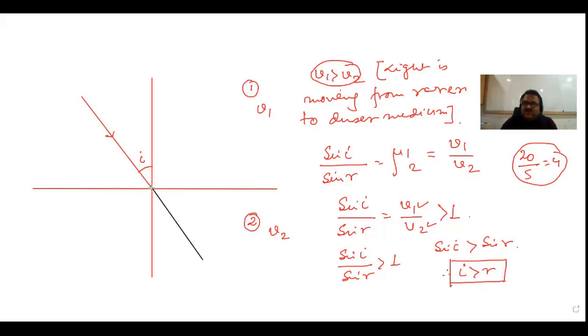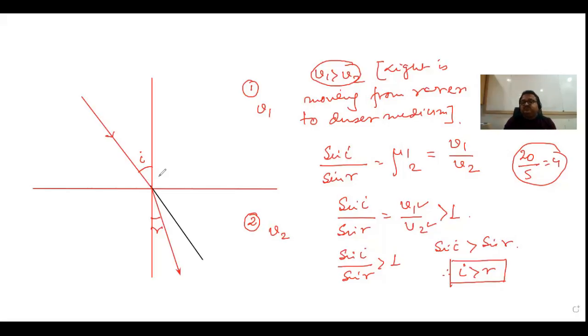That means it will bend like this. Is it clear? It is quite clear from the diagram: this angle is now lesser than this angle. So that is why, when light moves from rarer to denser medium, it deviates towards the normal. Is it clear? This is one of the very good ideas.